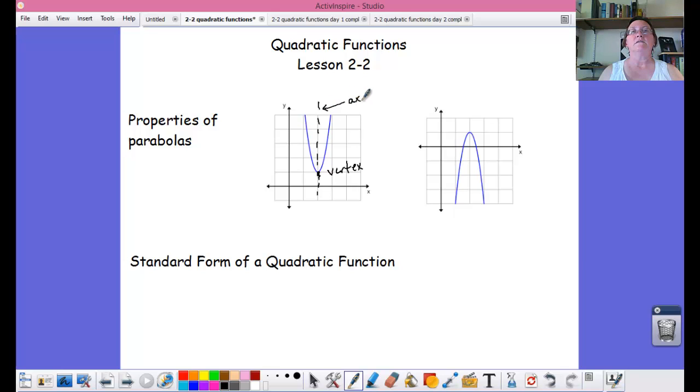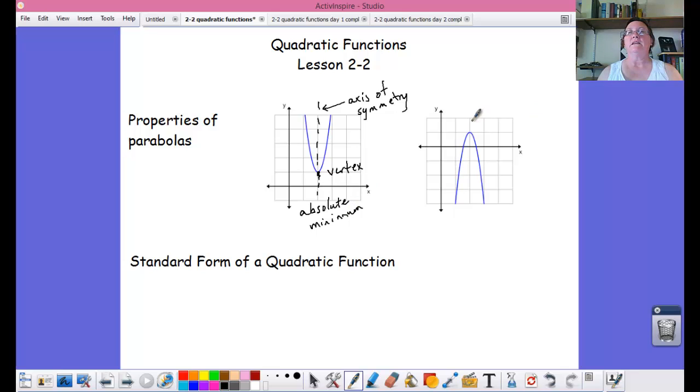This is called the axis of symmetry. And this parabola, since it opens upward, has a minimum value here, an absolute minimum. That is, it has a limit on how low the y values can go.